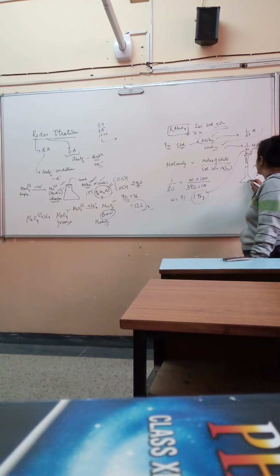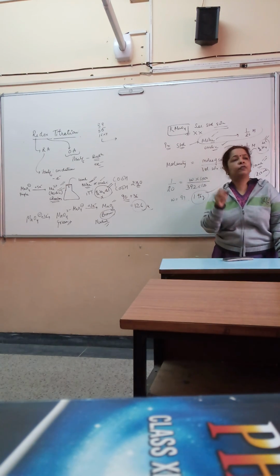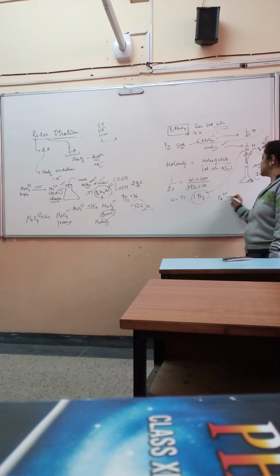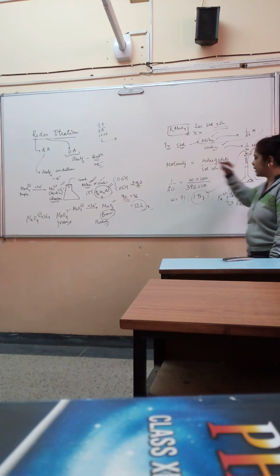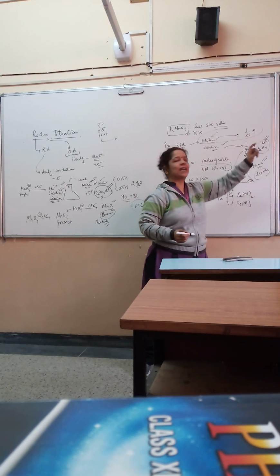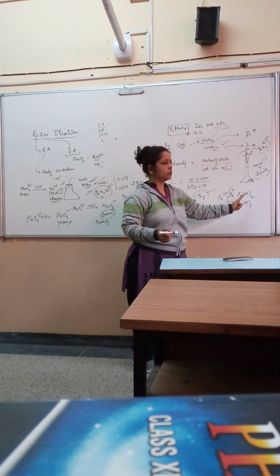Once the salt is added, dilute sulfuric acid has a specific function: to prevent hydrolysis of ferrous. Your ferrous should not form a hydroxide of ferrous or ferric. To prevent this, we require an acidic medium. So, this dilute sulfuric acid, which is added around 1 ml, is to prevent hydrolysis of the Mohr salt.